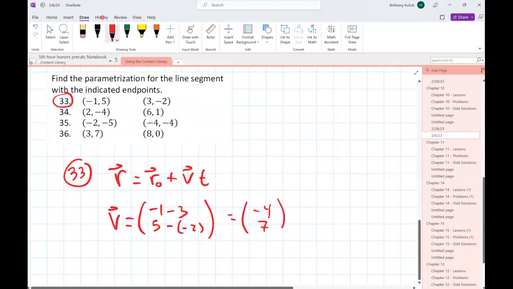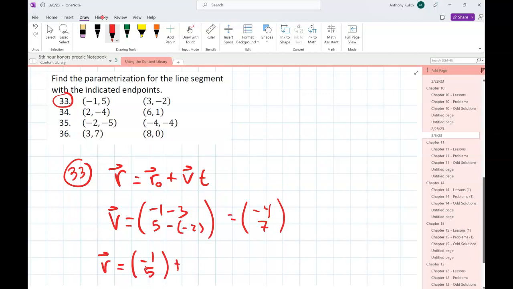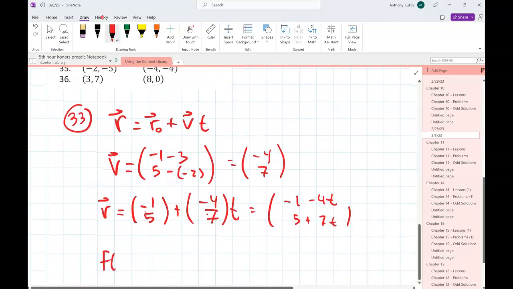So that's -4, 7. So my vector r is going to be -1, 5 plus -4, 7 t, or -1 minus 4t, and then 5 plus 7t. So that's going to be my parameterization.